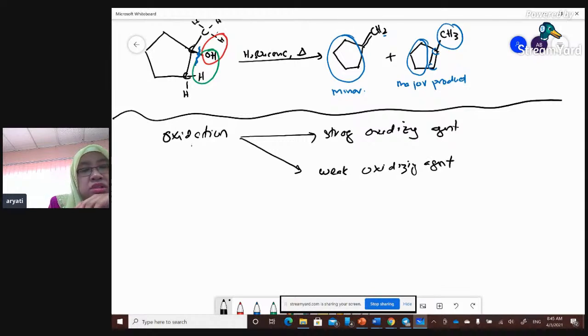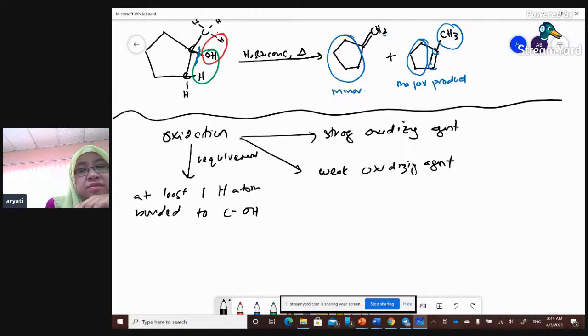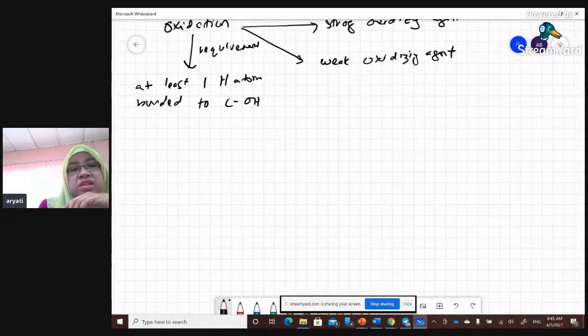So oxidation dia mesti required at least one hydrogen atom bonded to carbon OH. Okay, so we discuss one by one.